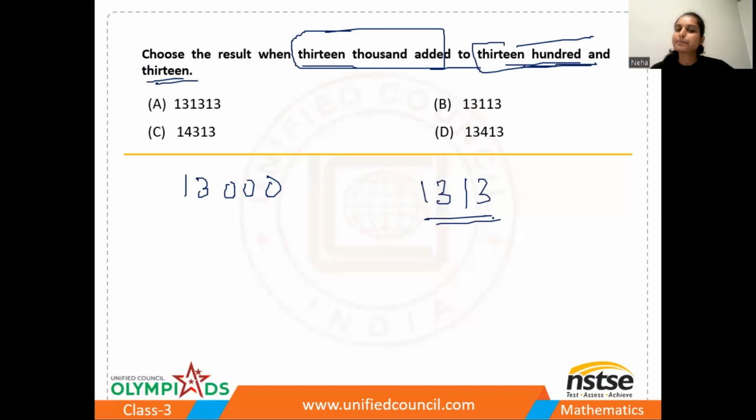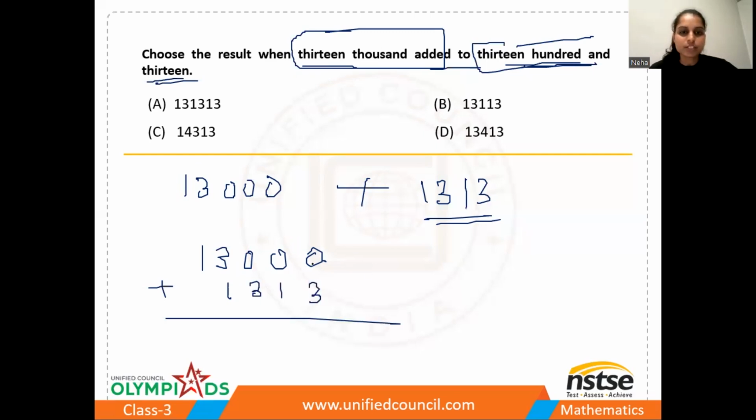So 1,313 is this, right? So, we have to add these two numbers. This is 13,000, right? All right, this is perfect. And this is 1,313, right?